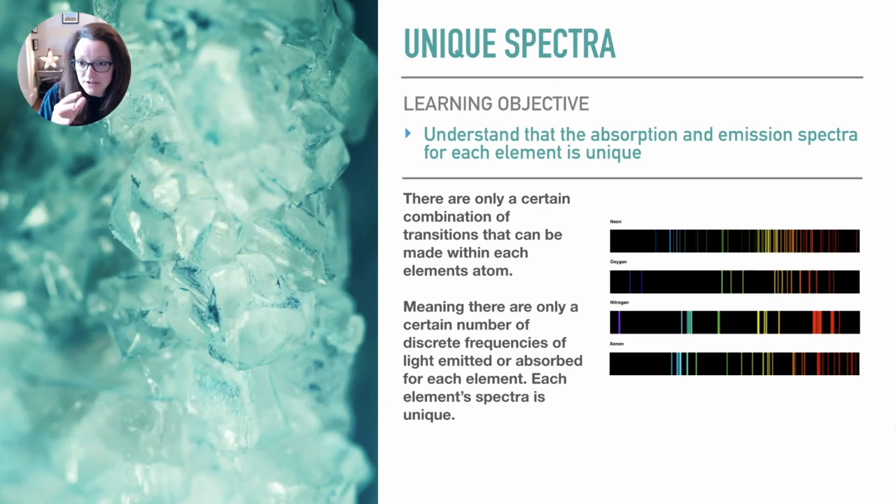And depending on what element you're looking at, the spectra looks different. But for neon, it always exactly looks like neon. And for oxygen, it always looks exactly like oxygen. And for nitrogen, it always looks exactly like nitrogen. And for xenon, it always looks exactly like xenon. It never changes for that particular element, but each element has a different spectra.